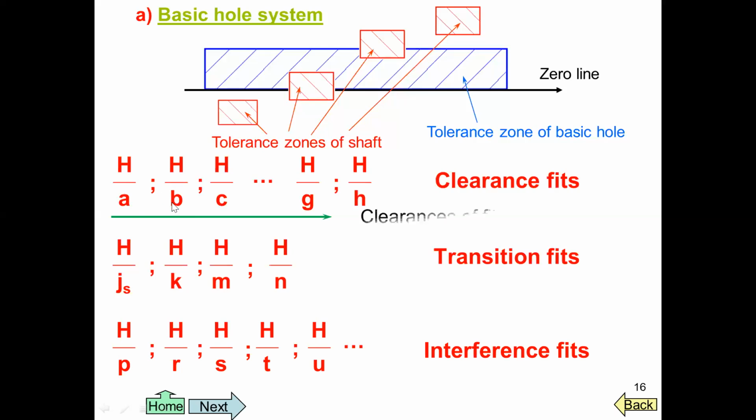Why? Because the letter a is farther away from the zero line than the letter b. So H over a has more clearance than H over b. So if you go in this direction, the clearance of the fit reduces gradually.